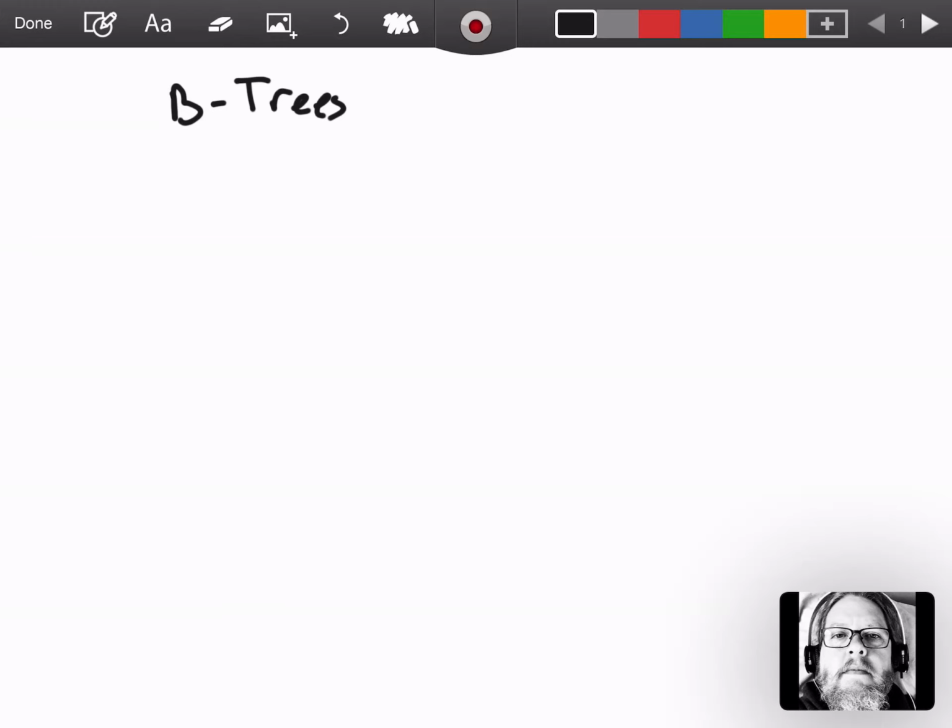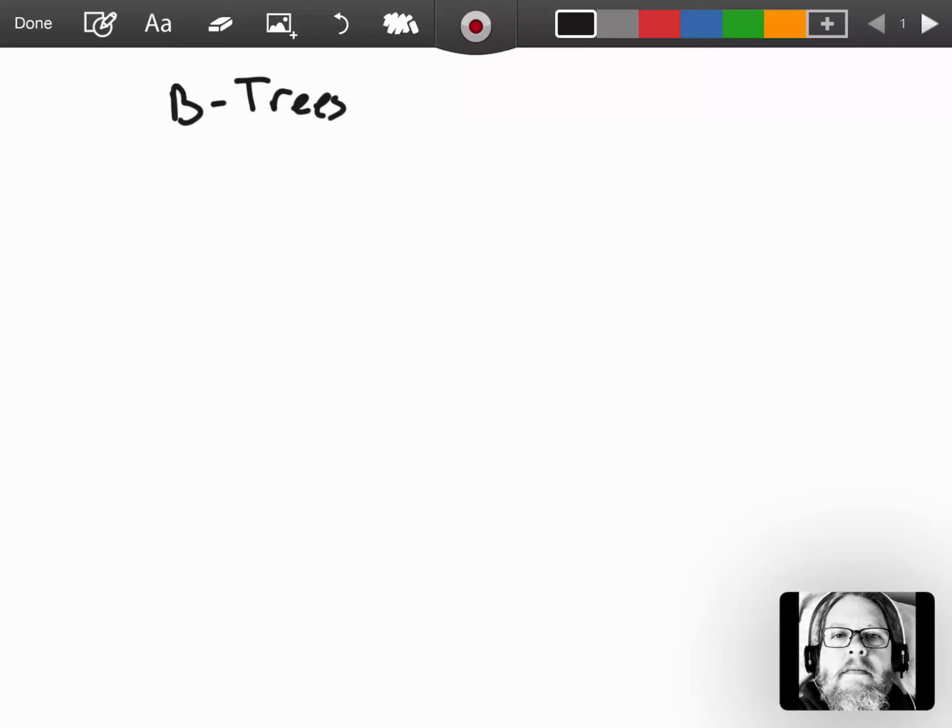Even with its efficient searching of knowing where to go every time, we're still going to have the problem that it's a long way down. There's a whole lot of levels. We mentioned a little bit in the last video about 2-3 trees, which allow there to be either 2 or 3 links from each node. The idea of a B tree is going to be even more a development along those lines.